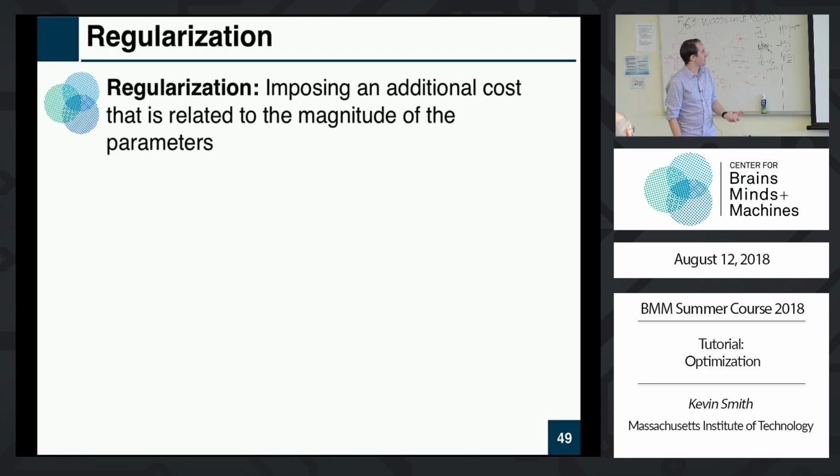And the way I do that is by adding an additional cost to the magnitude of the parameters. So if I've got a lot of function parameters that are large, that's not good. I'd rather have a few parameters that are larger and a lot of smaller, less important ones.